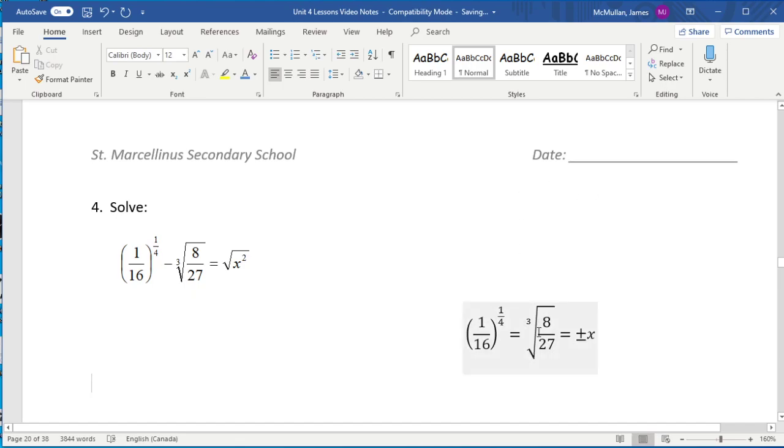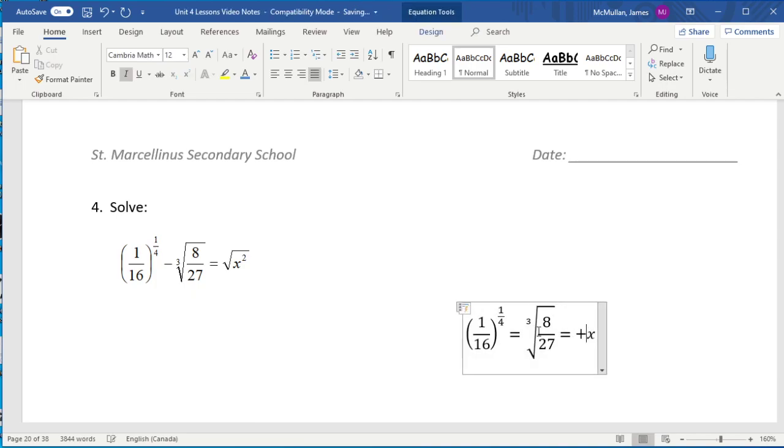Because when you square root x squared, let's say x is -4. You know what? Actually, I'm wrong. You only get the positive x. Sorry. Because we're taking the root of x squared.